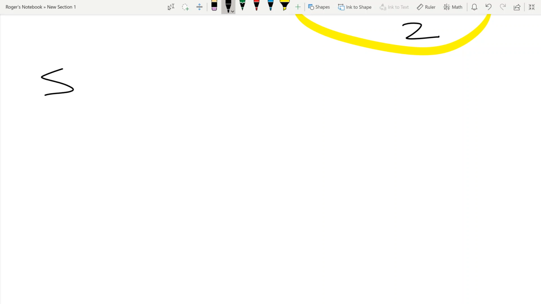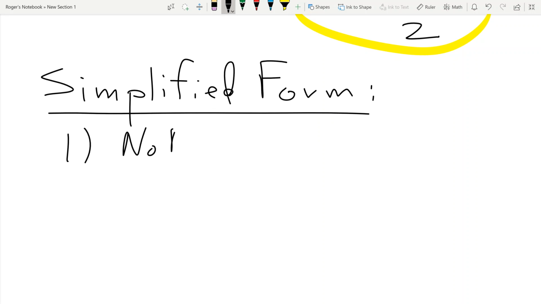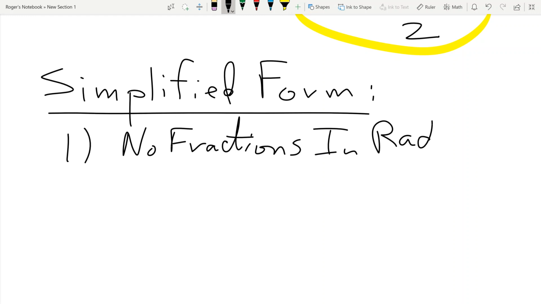So simplified form is going to require, number 1, that you have no fractions in the radicand.